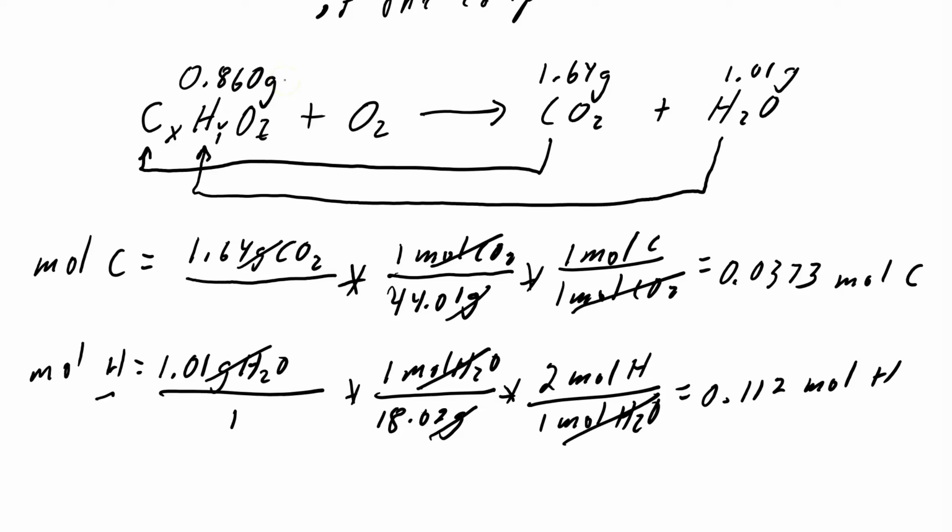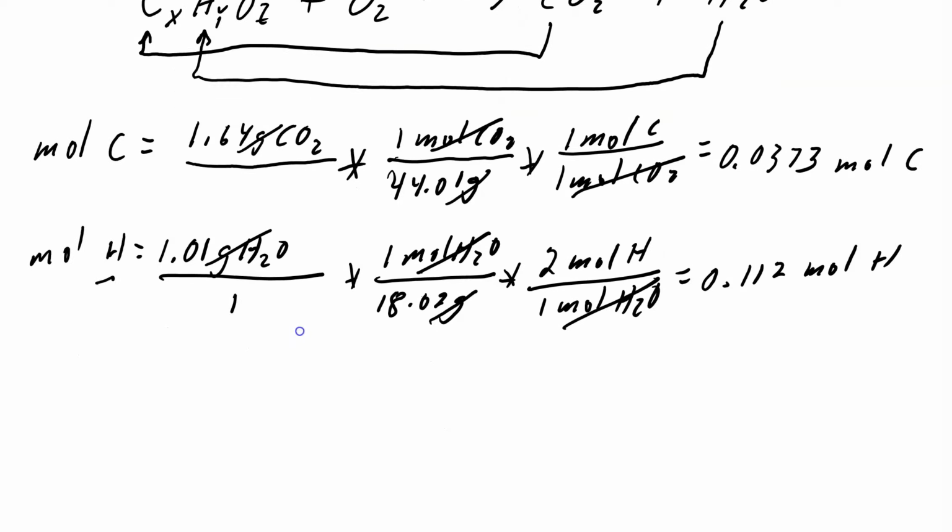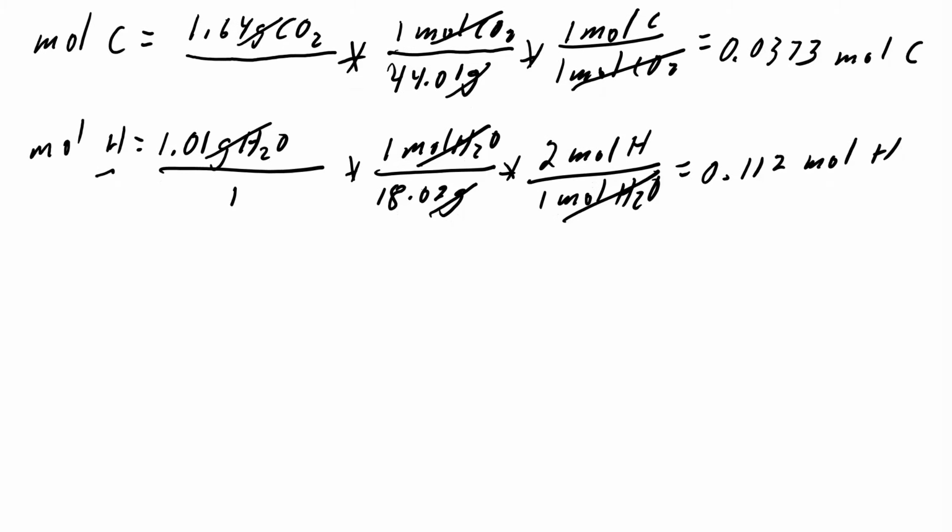If we calculate how many grams of carbon and how many grams of hydrogen are in this compound, subtracting that from my initial amount of the unknown material will give me the mass of oxygen. So let's do that. I now have to convert my moles of carbon and moles of hydrogen to grams of each.